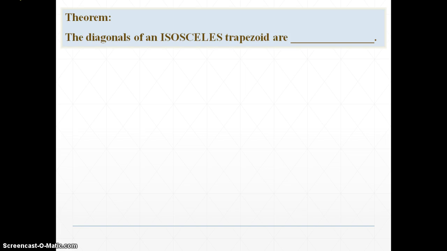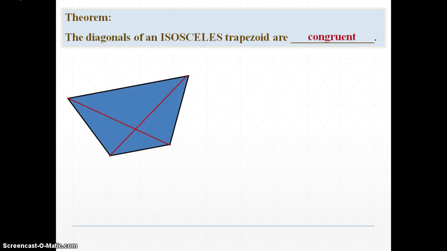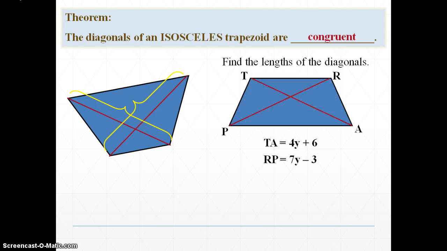Theorem: the diagonals of an isosceles trapezoid are congruent. So if you have an isosceles trapezoid and you draw in your diagonals, those two diagonals are going to be congruent. Find the lengths of the diagonals. So TA, this whole diagonal, is 4y plus 6, and RP, this whole diagonal, is 7y minus 3.